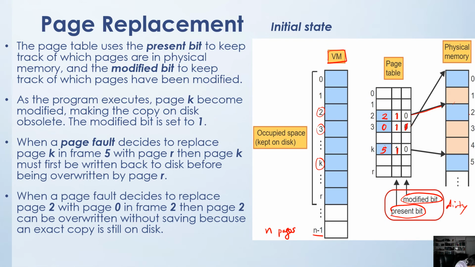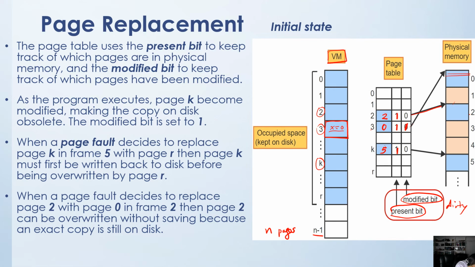For example, if page 3, which is currently in physical frame number 0, is modified. That's the initial state. In page number 3, there's one statement, say x is initially 0.